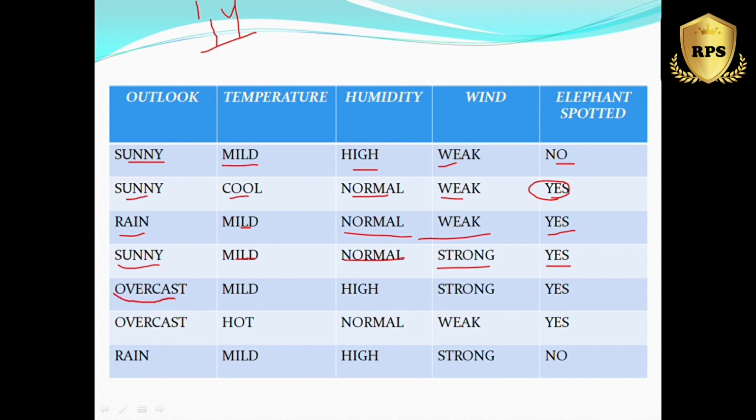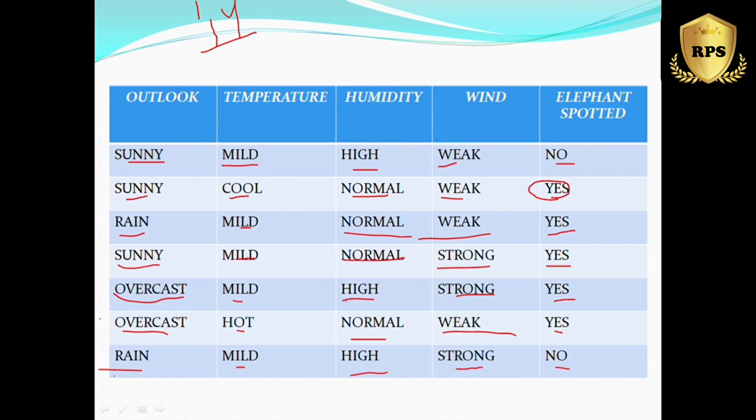When there is overcast with mild temperature and high humidity, and strong winds are blowing, elephant has again been spotted. If overcast is there with a hot temperature, normal humidity, weak wind, elephant is again spotted. Then rain outlook, mild temperature, high humidity, strong wind, no elephant. We have read all 14.